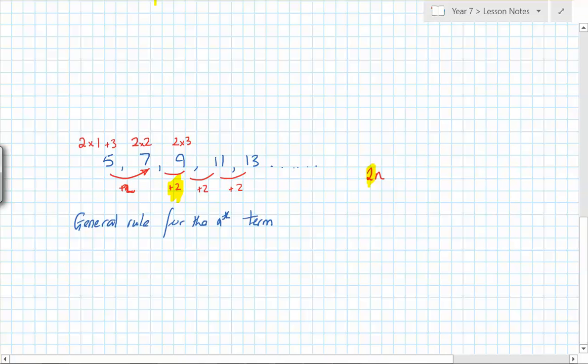Does it work here? 2 times 2 is 4, add 3 is 7. So that looks like what it is. So 2n add 3 would appear to be the general rule for that linear sequence. That's quite easy.